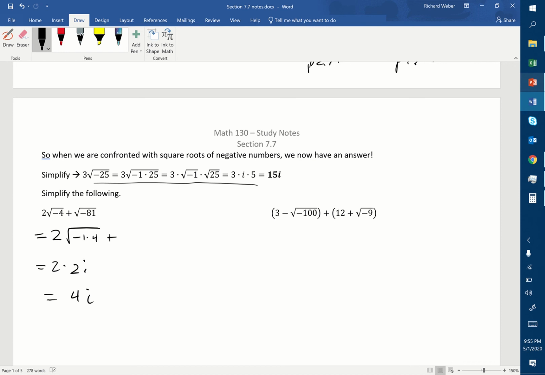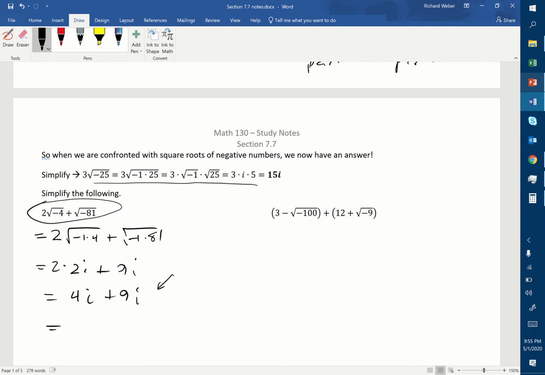Plus the square root of negative 1 times 81. Plus 9i. When you're dealing with complex numbers, you really don't have these radicals. This is actually a contrivance of this book and all algebra books. They're bridging us from what we know to this kind of notation here.